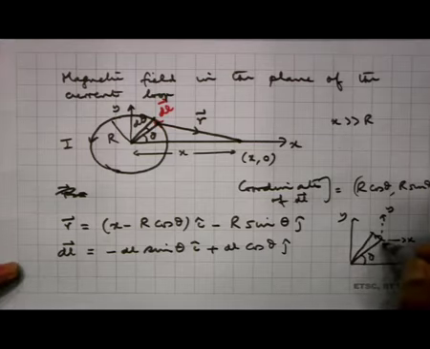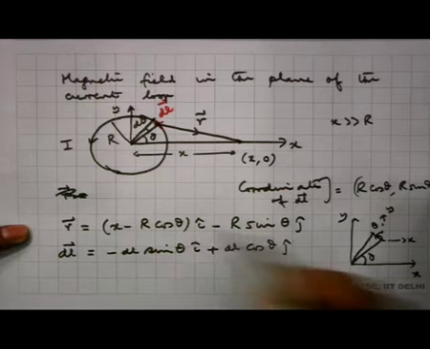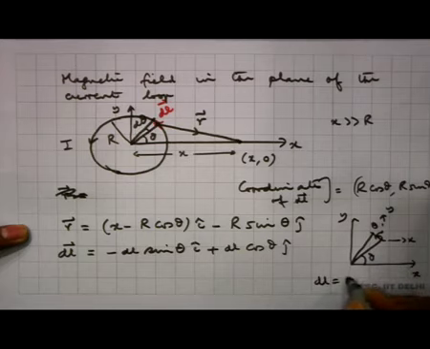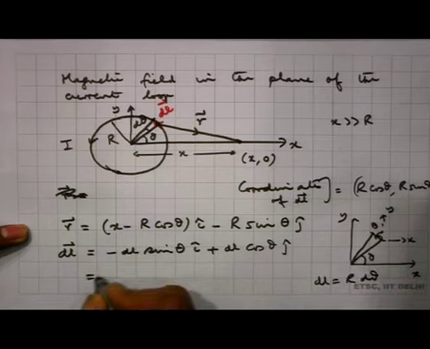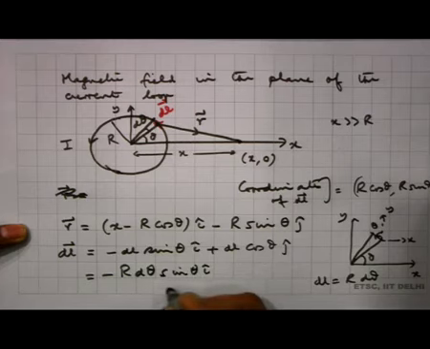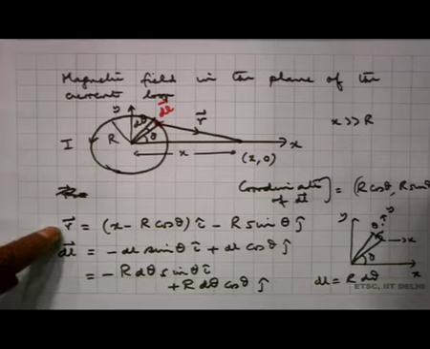This line is perpendicular to this line, so this angle is theta. And if this radius is r and this angle is d theta, dl is nothing but r d theta. So, this is equal to minus r d theta sin theta i cap plus r d theta cos theta j cap. That is the dl vector.